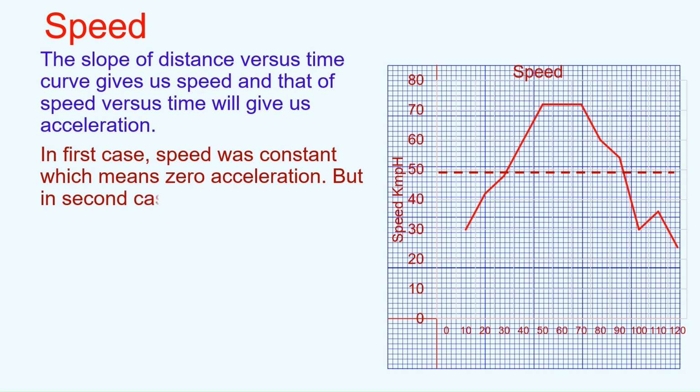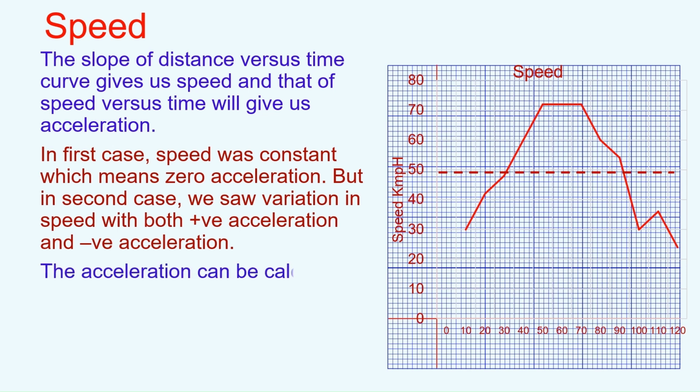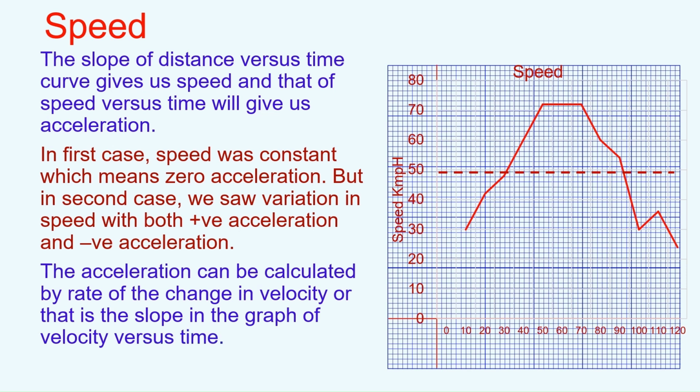But in the second case, we saw variation in the speed with both positive acceleration and negative acceleration. The acceleration can be calculated by the rate of change in velocity versus time. That is the slope of the graph of velocity versus time at any point of time.